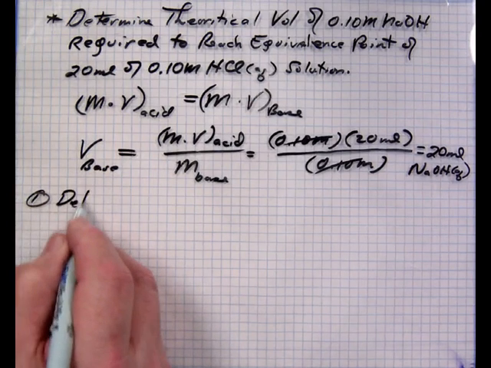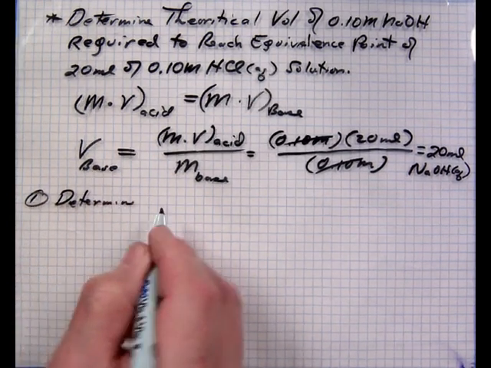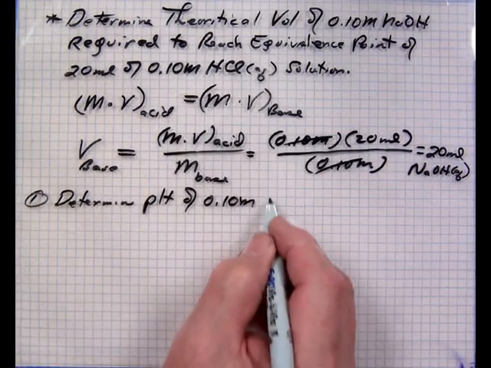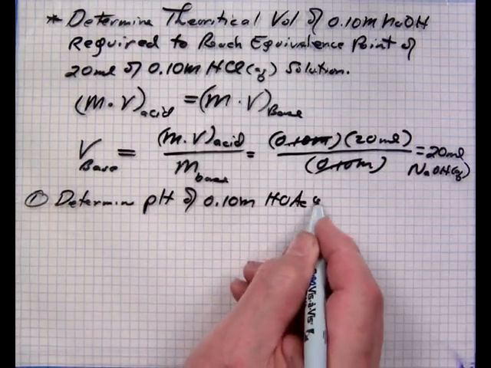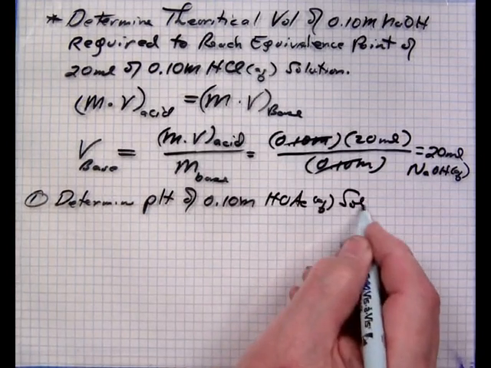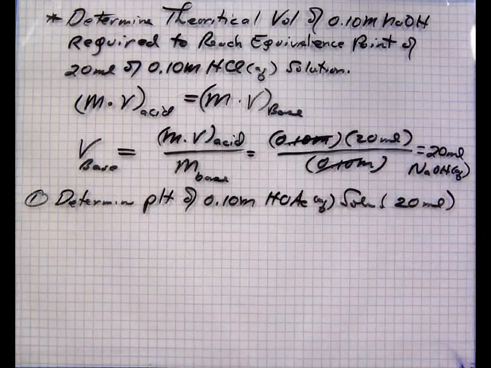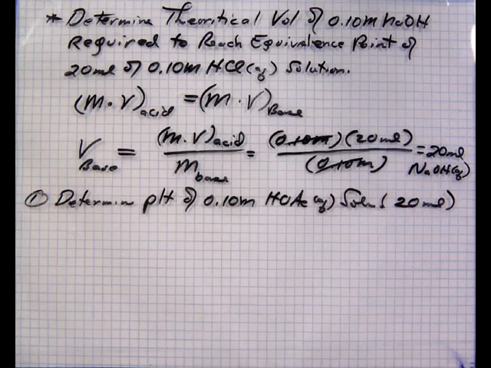So we have an acetic acid solution, and we've got 20 milliliters of it. It doesn't matter how much you've got, but we want to determine the pH of a 0.1 molar acetic acid solution.